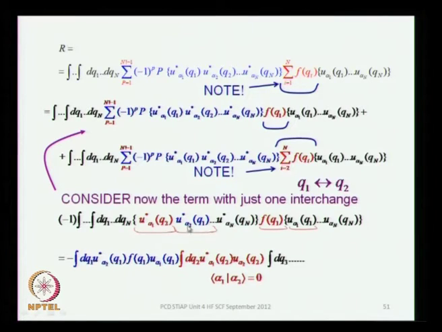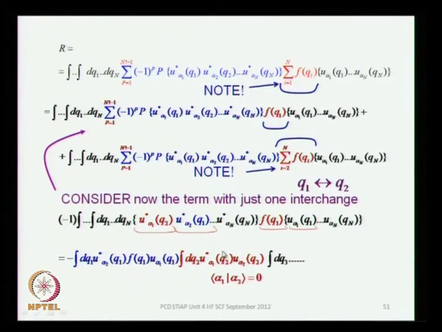And now you have this multiple integral. What is the integration over? Integration is over q1, q2, q3 up to qn, and these are independent degrees of freedom. So, you can carry out these integrations separately. So, take the integration over q1. What do you have in the integrand? You have got u alpha 2 star q1, this is the thing which has got argument q1, this operator is f of q1, and this function u alpha 1 q1 is here.